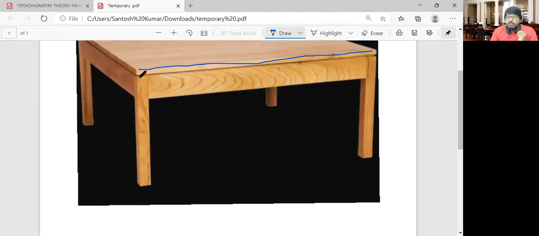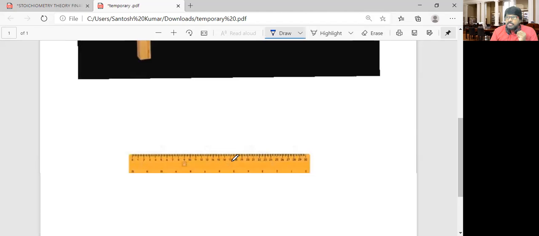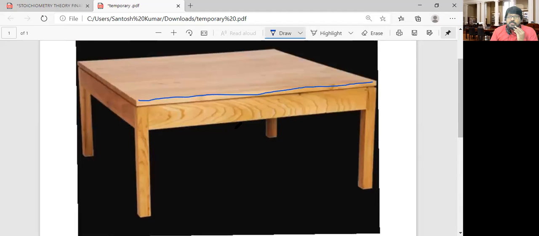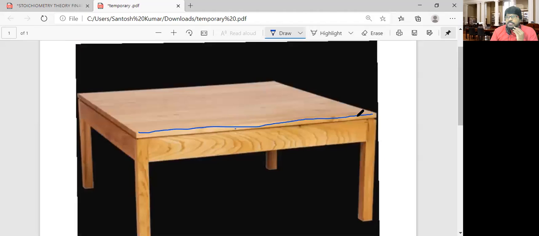In order to measure the length of this table, you used a reference scale whose length is 30 centimeters. Let us take, this is 150 centimeters. Let's assume, nothing wrong.